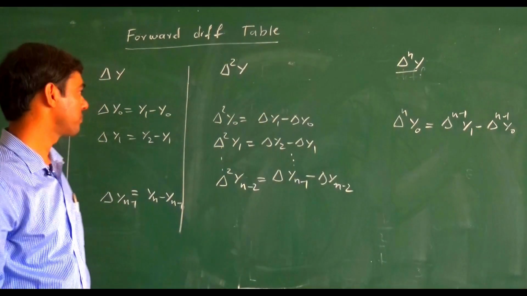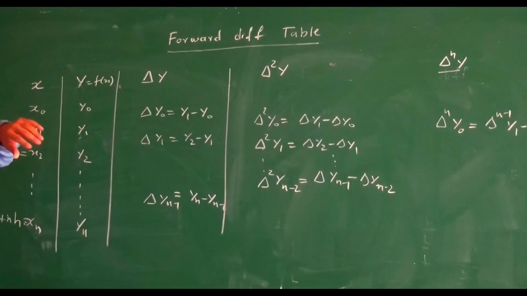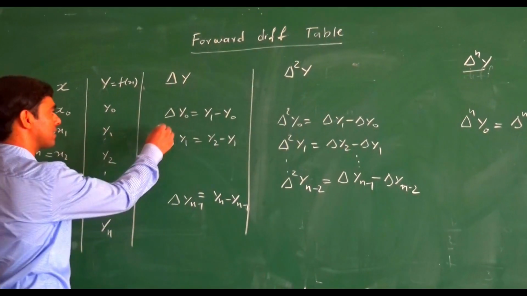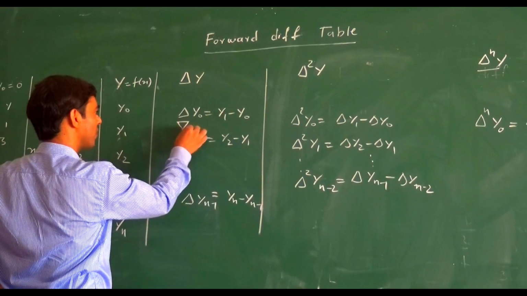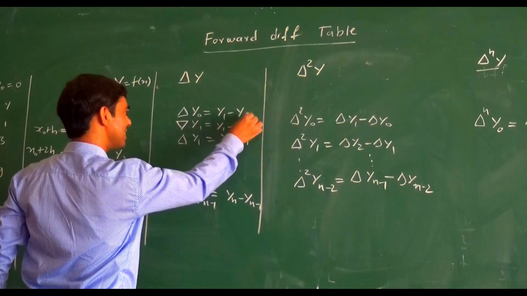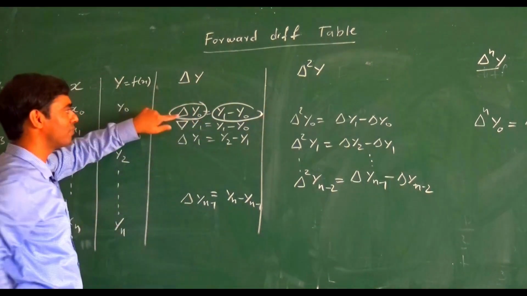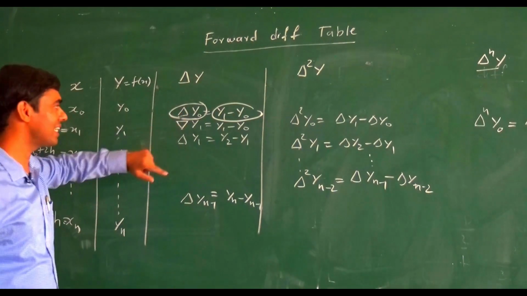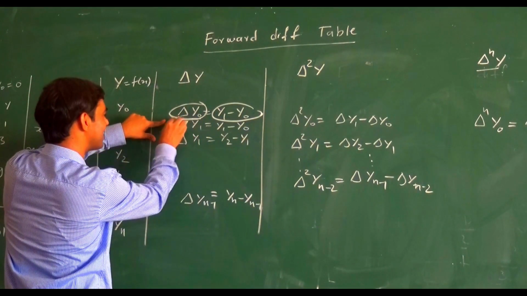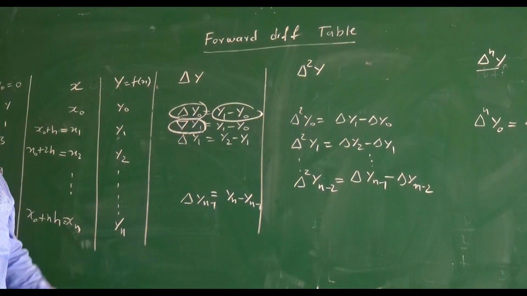Because always, what will happen in a backward difference operator? Backward difference of y1 becomes y1 minus y0. Here we write this one as del y0 in terms of a forward difference operator, but in terms of a backward difference operator we write it as backward difference y1.